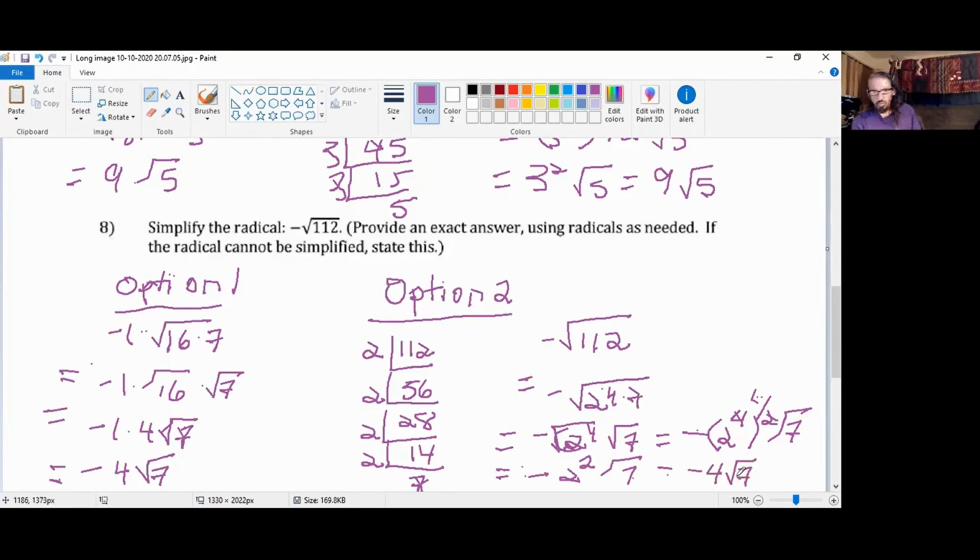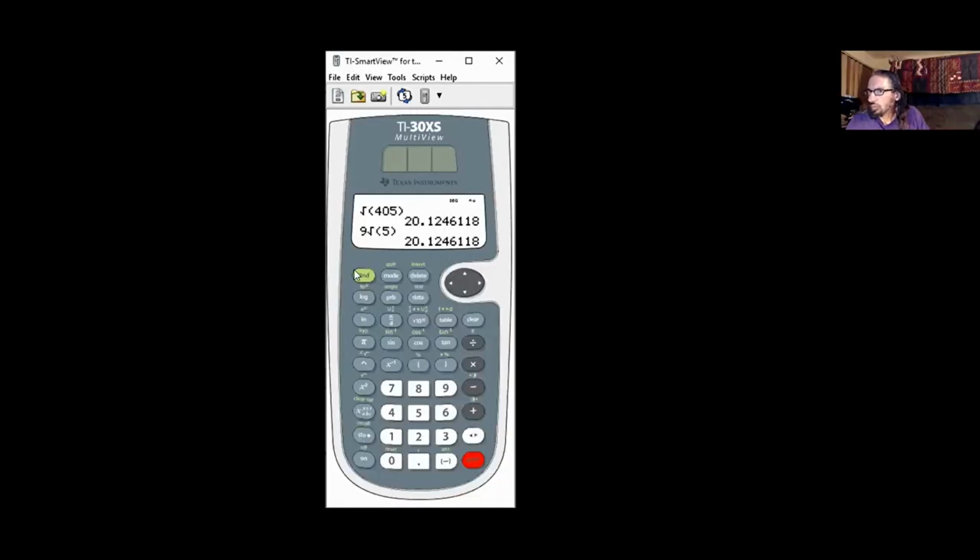That's the exact answer we'd be looking for. If we check, let's ignore the multiplying by the -1 here when we check on the calculator. Here is a decimal approximation of square root of 112. Close the parentheses.